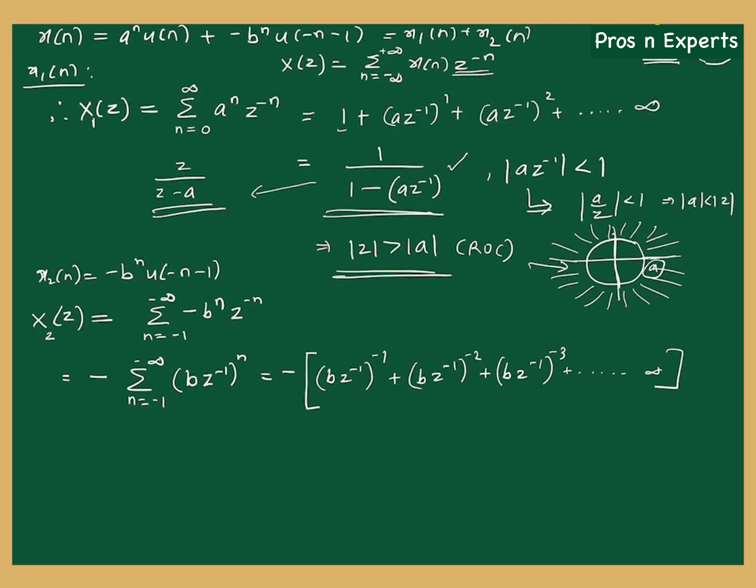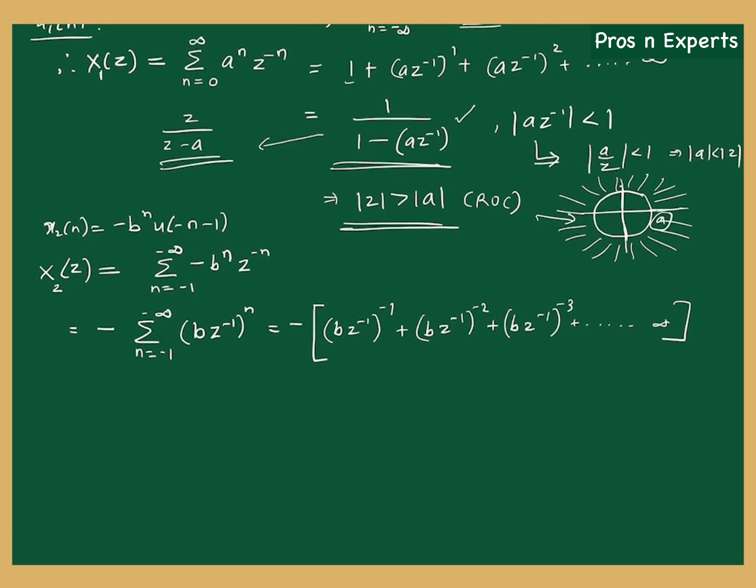So what you will get is minus of the first term, b z inverse the whole inverse, divided by 1 minus r. What is r? r is again b z inverse the whole inverse. If you confuse this, this is the very first term I have written here.